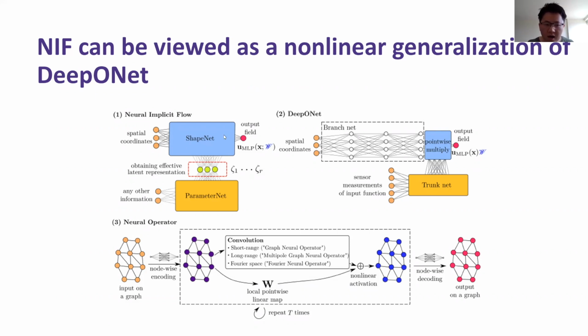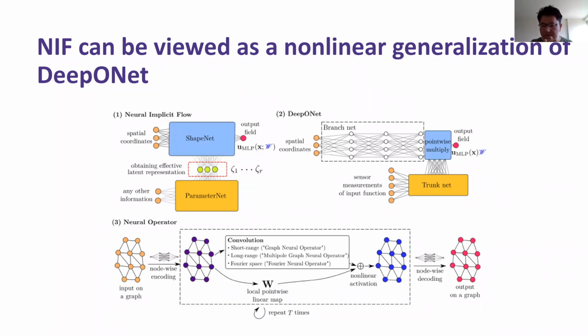If you look at the figure, neural implicit flow versus DeepNet, carefully, you will see that DeepNet can be interpreted in neural implicit flow by just saying that the ParameterNet only parameterizes the last layer of ShapeNet.